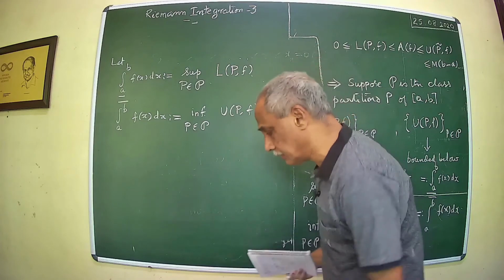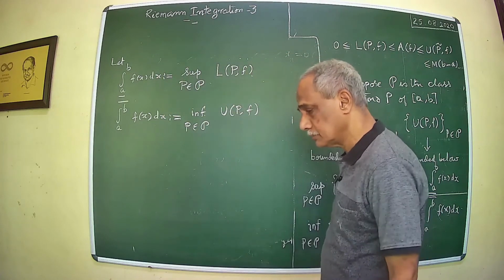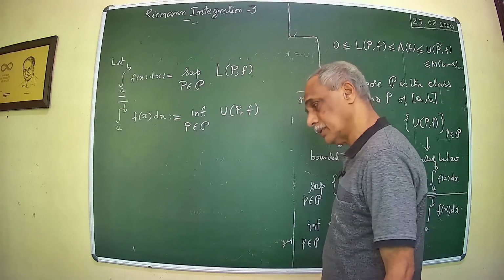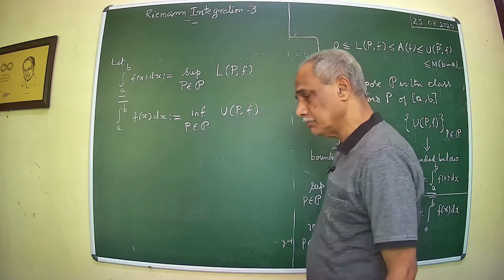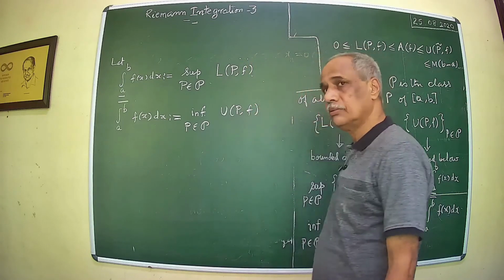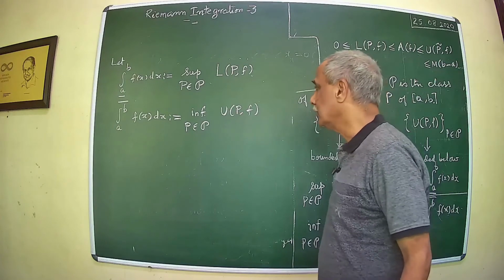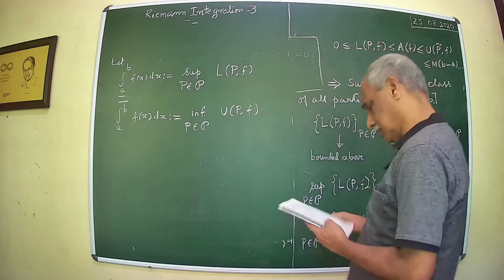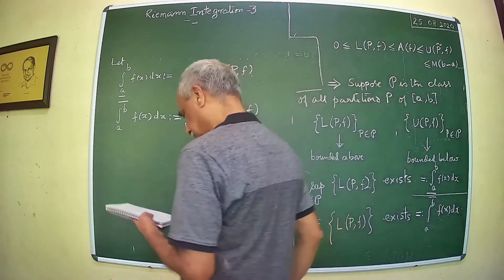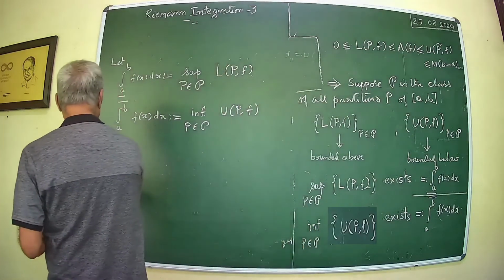Because if you have a set of numbers which is bounded below, then certainly the infimum exists. If you have a set of numbers which is bounded above on the real line, then the supremum exists. This is basic analysis. And also we have the following inequality.